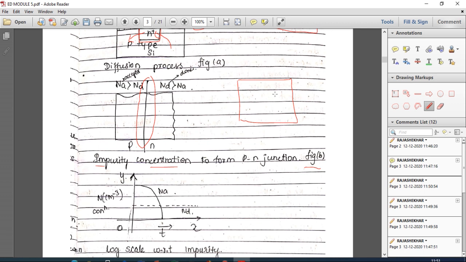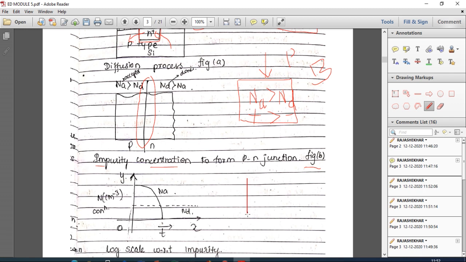If in this material the concentration of acceptor is greater than the concentration of donor, where the acceptors are boron and the donors are arsenic or phosphorus, for example, in this material, if N represents concentration, and the concentration of boron, that is the acceptor, is much greater than the concentration of donor, that is either arsenic or phosphorus, or in other words, if the concentration of holes is greater than the concentration of electrons, then this material is called P-type material, and the impurity added here is the acceptor impurity, which is boron.